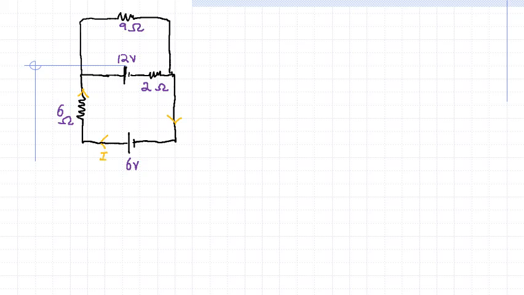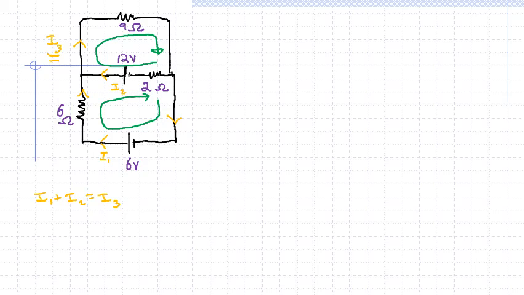All right, so I chose current here, and then current 3 going like this, and so I chose for I1 and I2 to combine together to make I3. So I1 plus I2 would be I3 there.